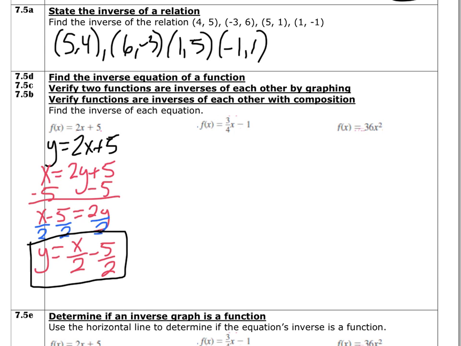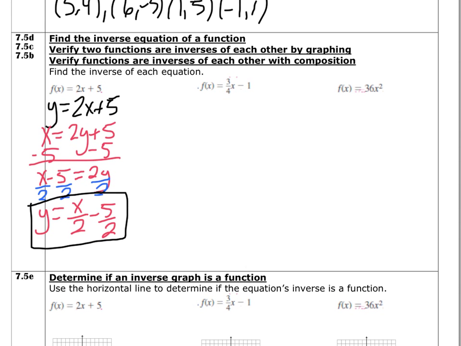Now you can actually graph this to see if you're correct. The trick to the graphing is this. If you sketch out a little piece of graph paper, and then you imagine the line y equals x is right there. When you graph this equation, it's going to look something like this. So this green line here is the original graph.